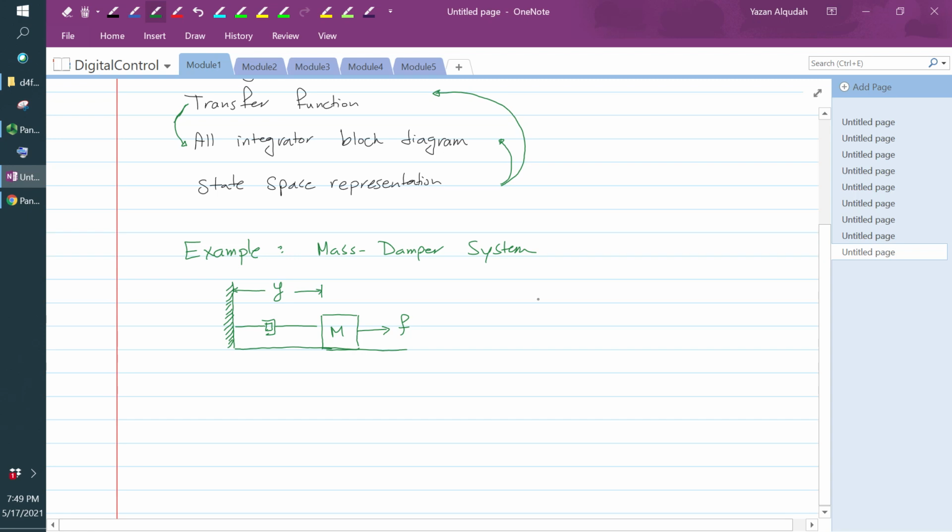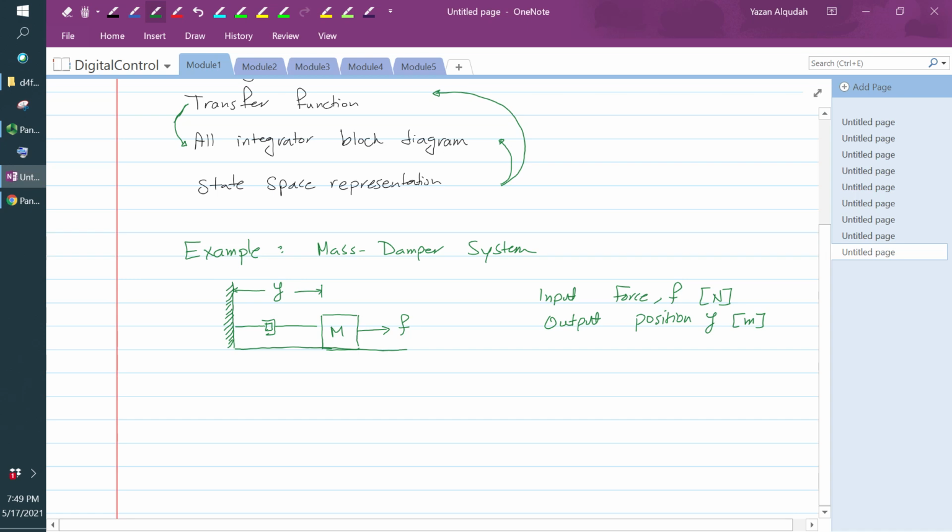So here we have the input, which is the force, represented by F, and it has units of Newton. And the output of our system is the position, which is y, and it has units of meters.